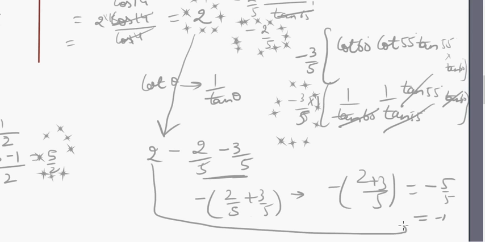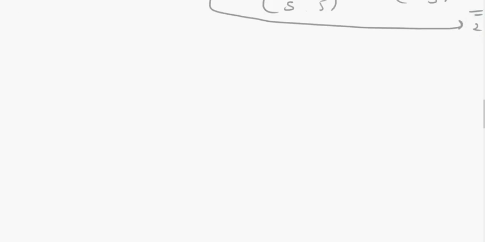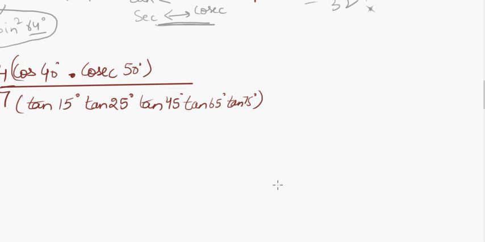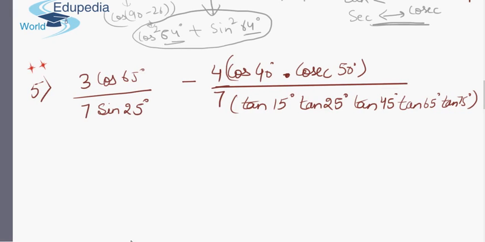So bringing this 2 here, we get 2 minus 1, that is, the answer here is 1. So see, without using the tables, we have calculated its answer and its value is 1 for the given question. Now let us have a last question.